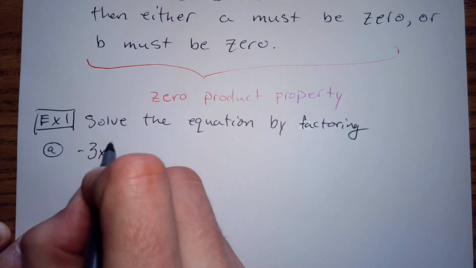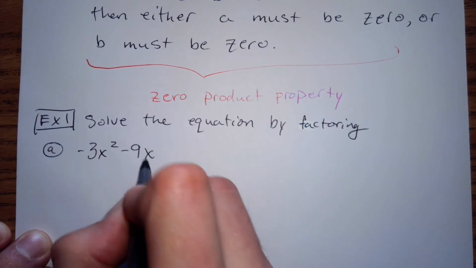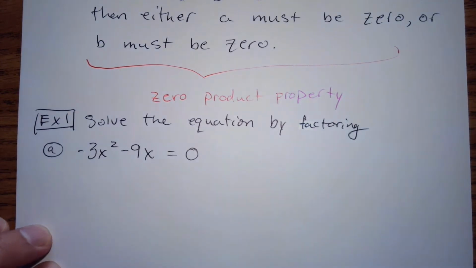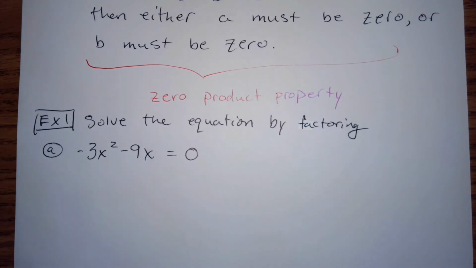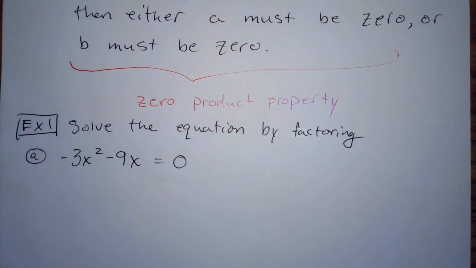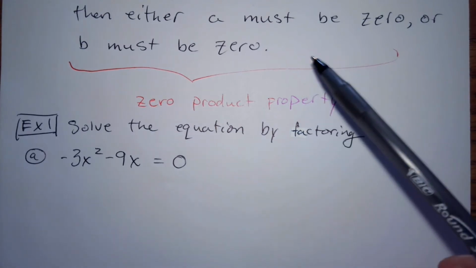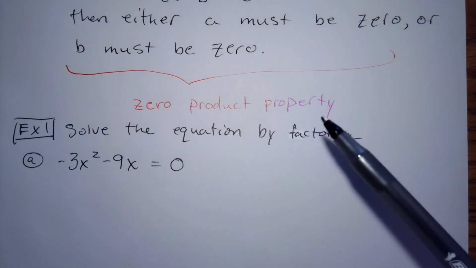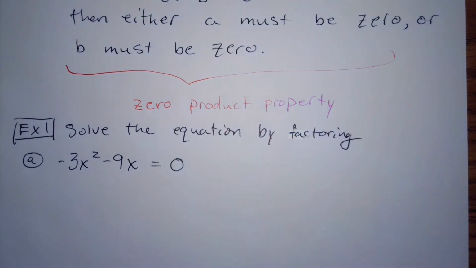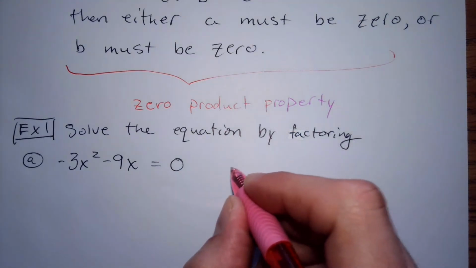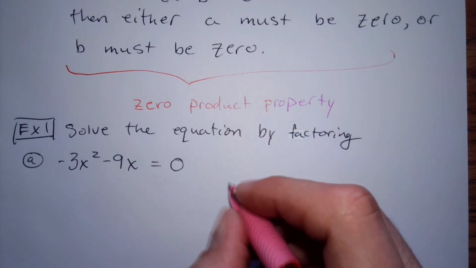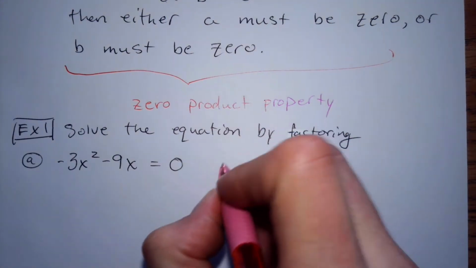Negative 3x squared minus 9x equals 0. Notice the right side is 0. So there's steps for this, but hopefully with this zero product property, it makes sense why we're doing these steps. But the first thing is always going to be try to factor out a GCF.